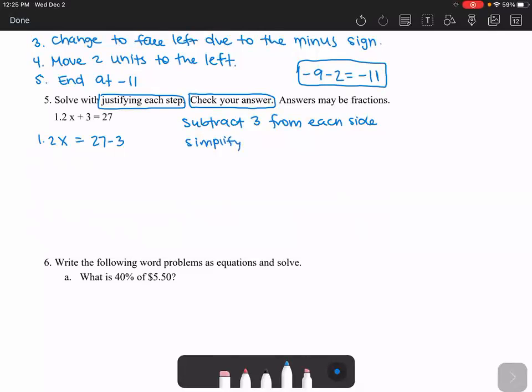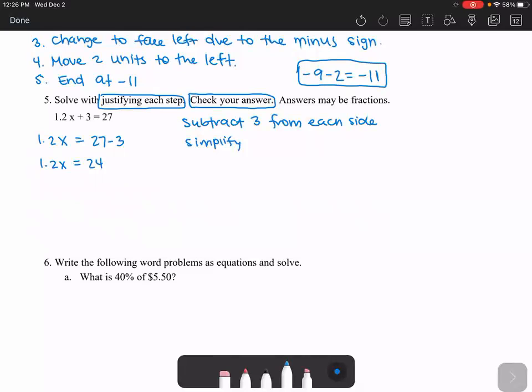As I mentioned in one of the previous videos, it never hurts to just throw in simplifying between each step. So now we have nothing else that we can add or subtract to cancel out. So we need to switch to multiplying and dividing. You can do this in different ways. There were some people who converted 1.2 to the fraction 12 over 10, equivalently 6 over 5, and then multiplied by the reciprocal, which is a great strategy.